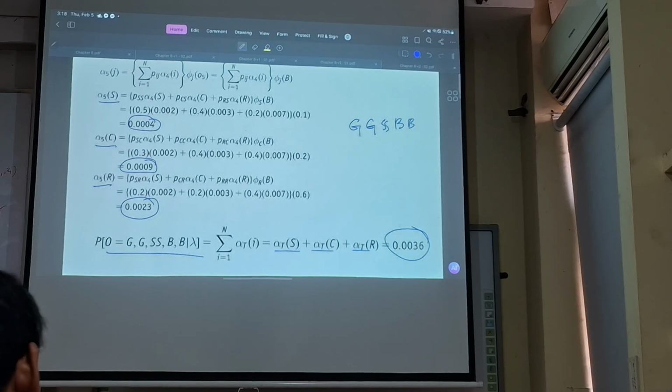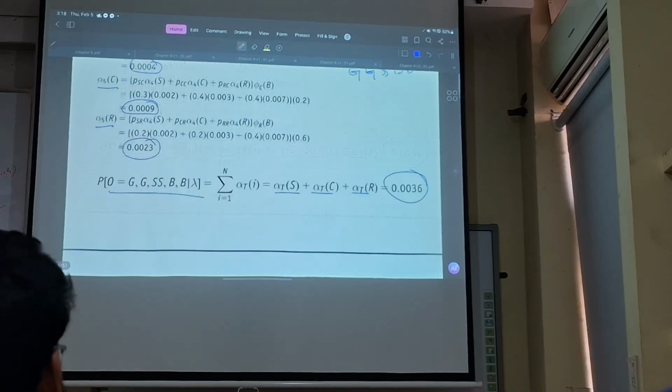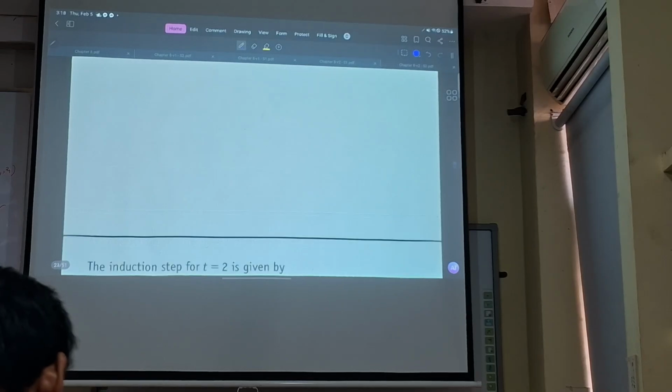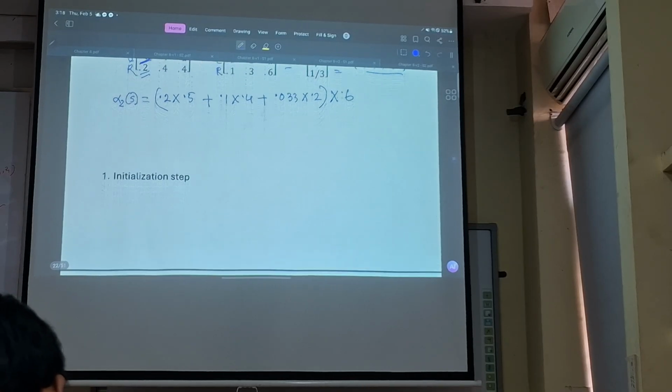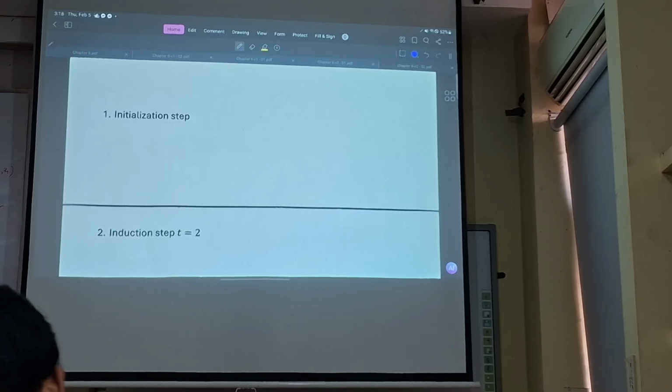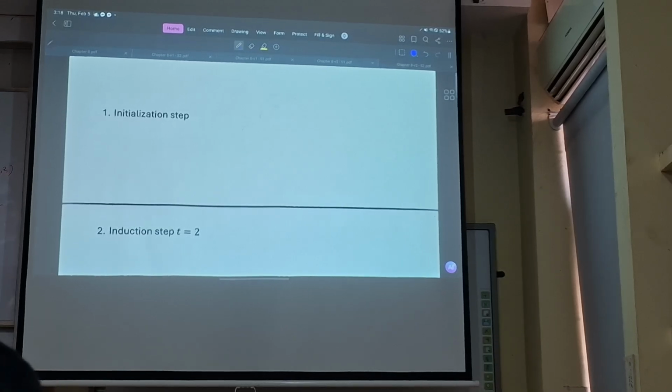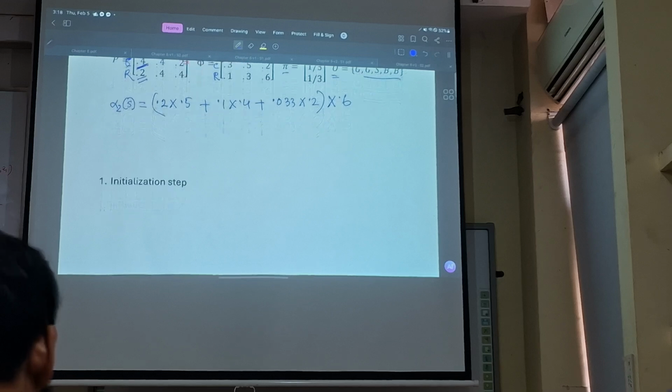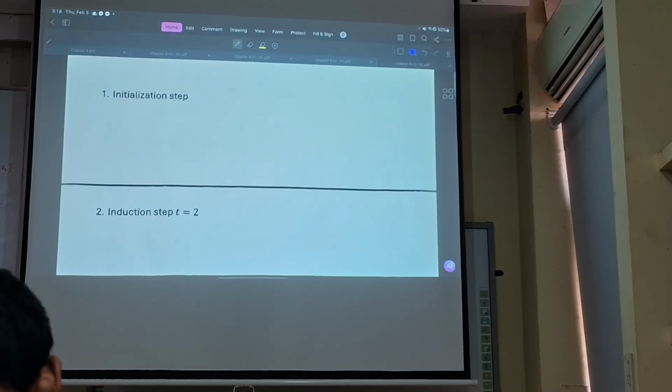Now, we want to do a bit bigger. We want to learn this one from a matrix operations perspective. So that's what I wanted to write here. Now, the first step was, let me write it again.